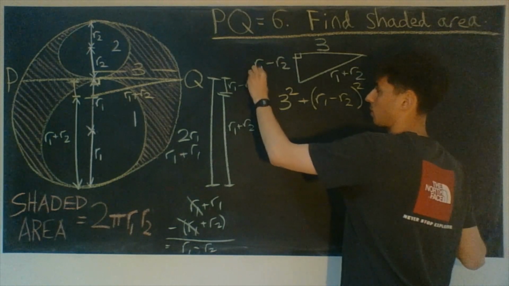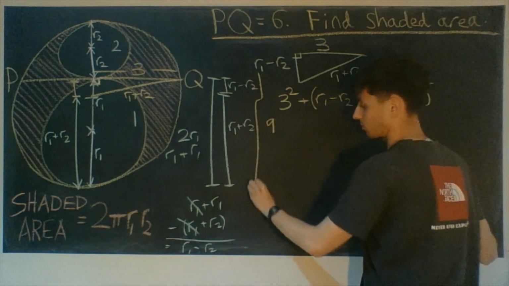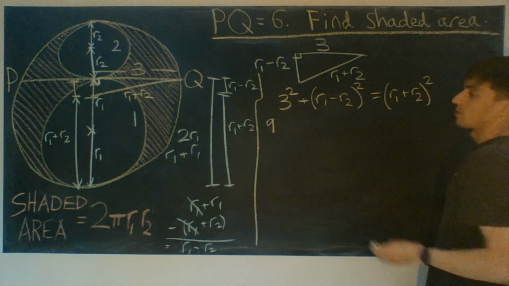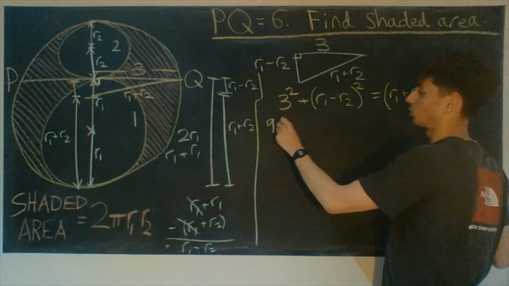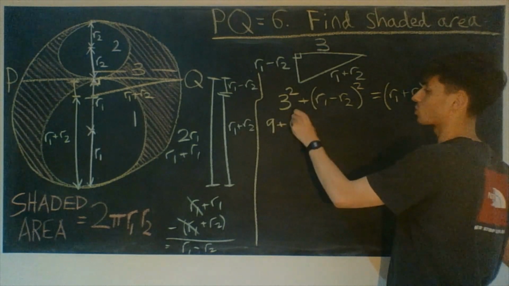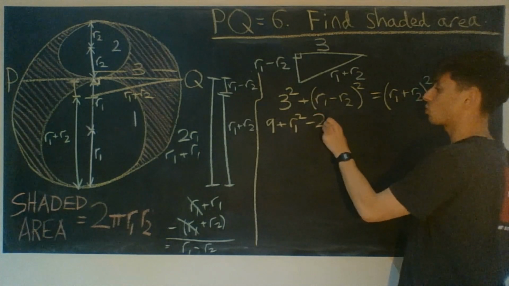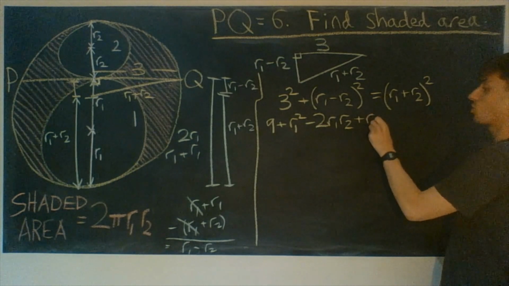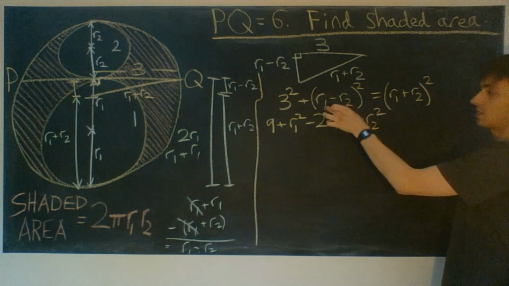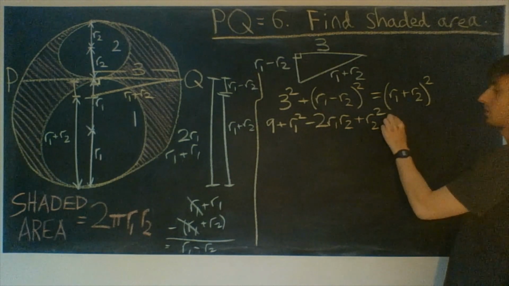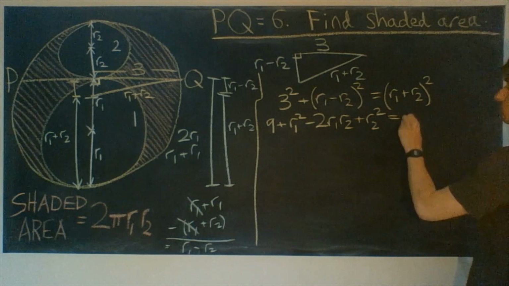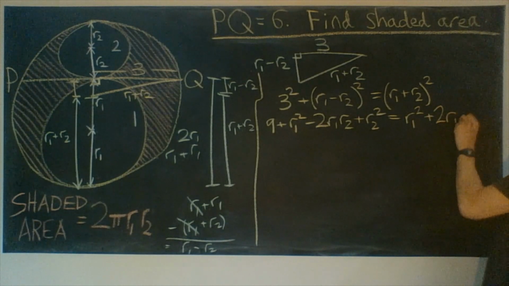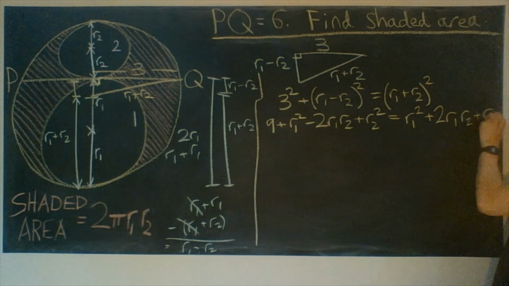Let's draw a line here as well so we're not too interrupted by what's on the other side. 3 squared is 9, and when we expand this left-hand bracket out, we're going to get plus R1 squared, take away 2 R1 R2 plus R2 squared. That's this bracket expanding out to here. And on our right hand side we've got equals R1 squared plus 2 R1 R2 plus R2 squared.